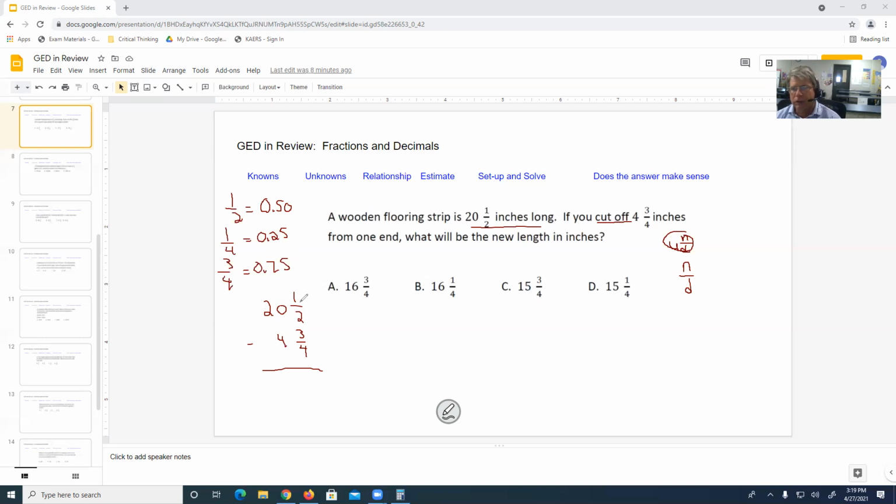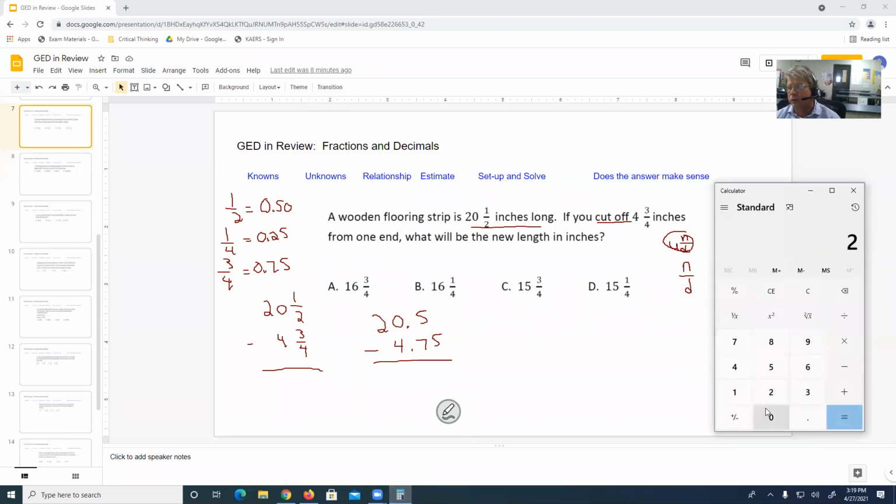So instead of using 20 1/2 take away 4 3/4, I can change it to 20.5 take away 4.75. Since those are equivalent, now I can actually just lean on my calculator for the math.